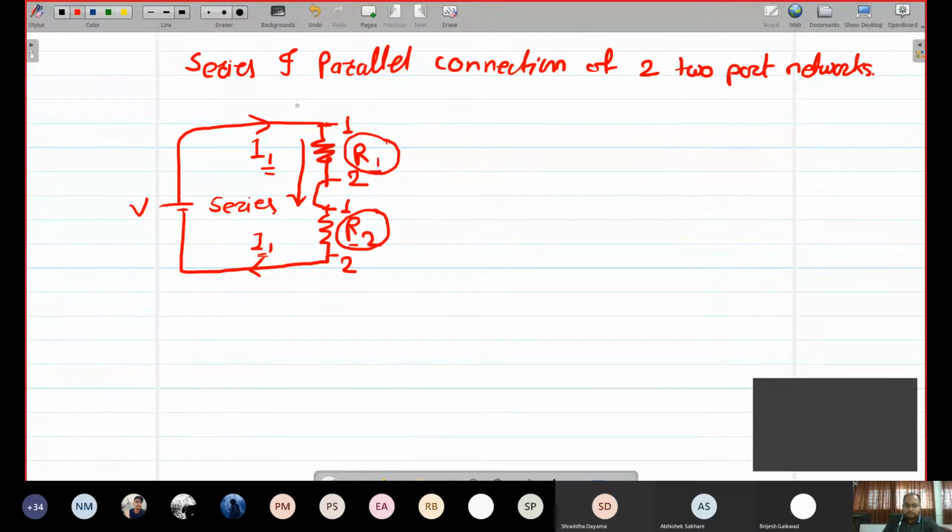Now this is your series connection. For this series connection, the voltage is going to get divided. We have seen the voltage divider rule. This is VR1, the voltage drop across R1, and this is VR2, the voltage drop across R2. So total voltage V is equal to VR1 plus VR2. Am I right?